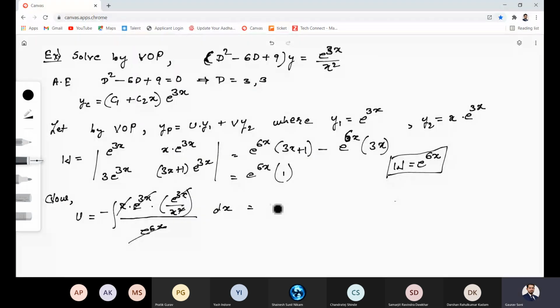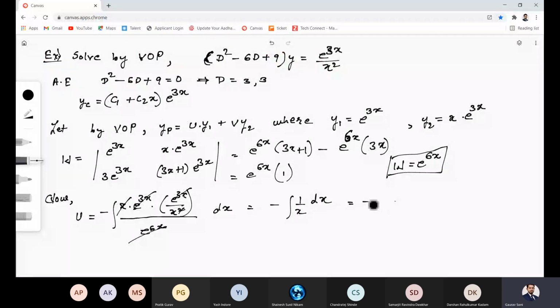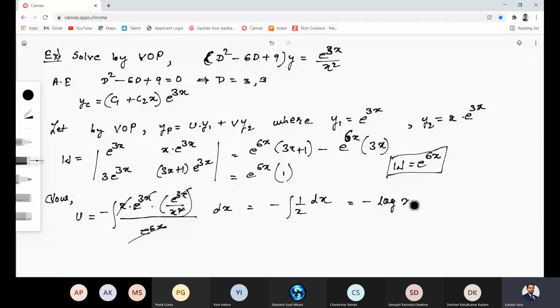So what we have is minus integration 1 upon x dx. So integration of 1 upon x is log x, so u is minus log x.